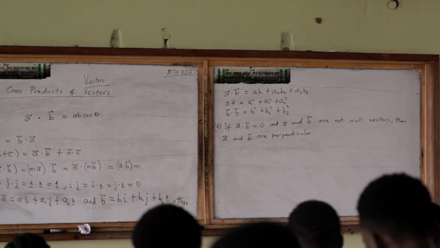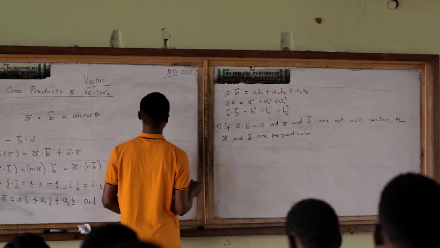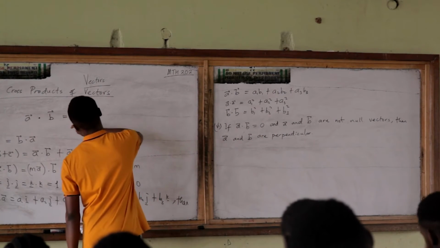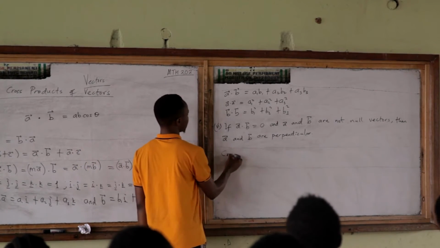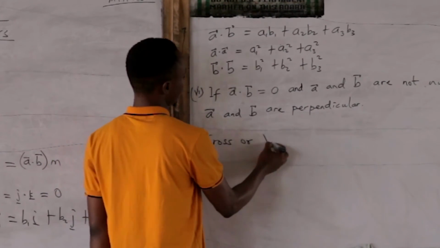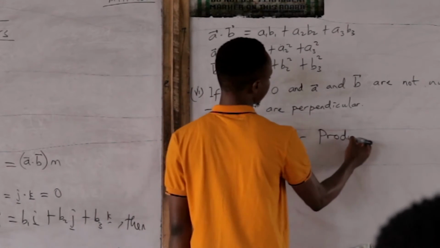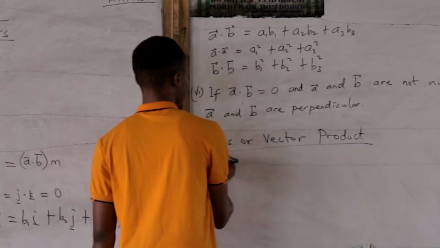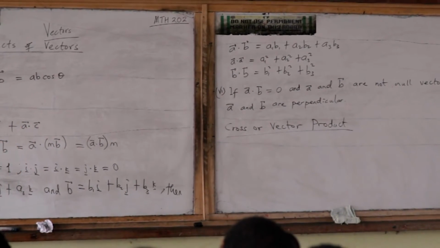Right, so that's that about that. Let's move on. So let's talk about the cross products. The cross or vector product. So the last one was dot or scalar product. Now we'll talk about cross or vector product.